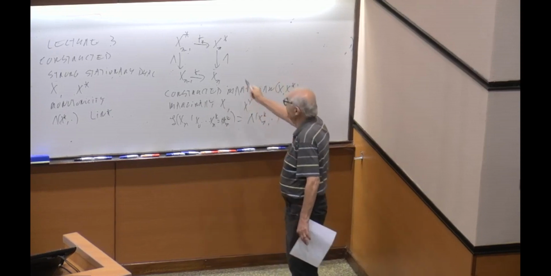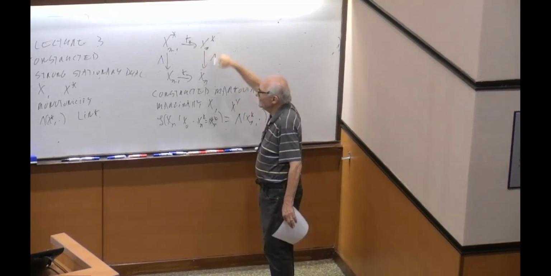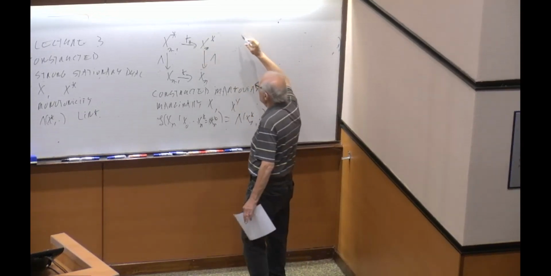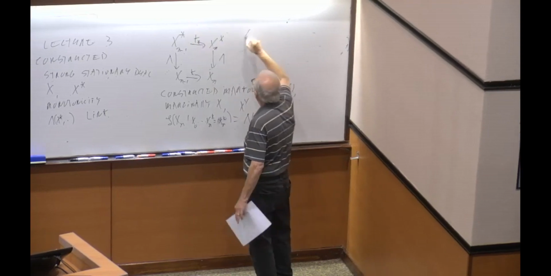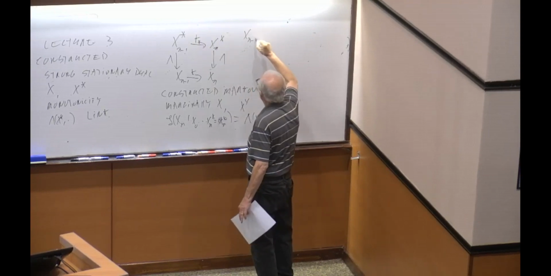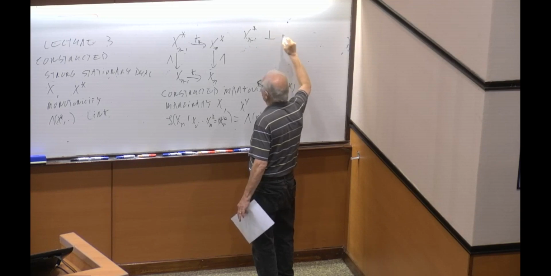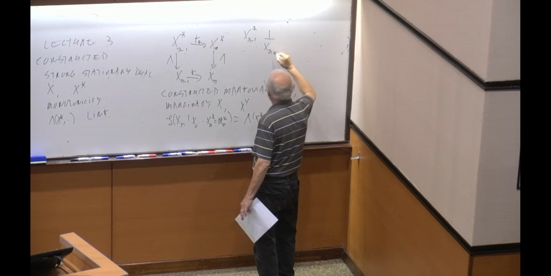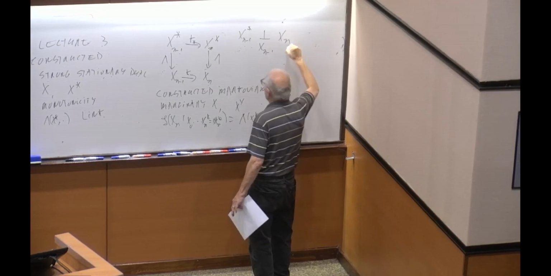So this diagram commuted such that X_{n-1}* is conditionally independent of X_n given X_{n-1}.